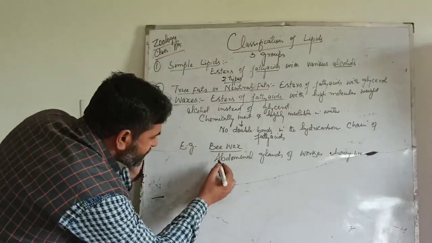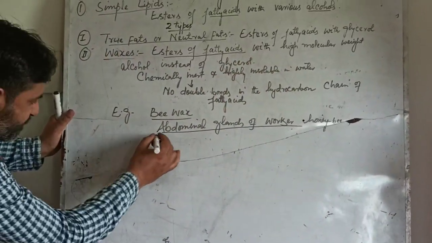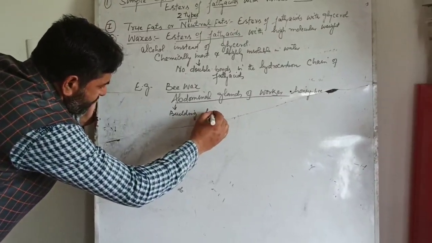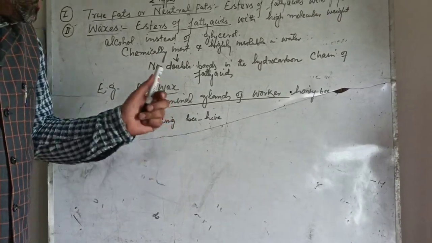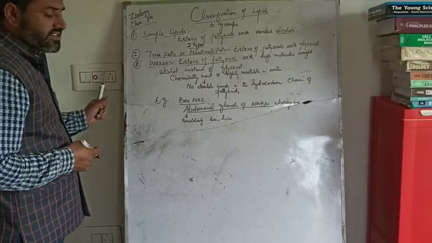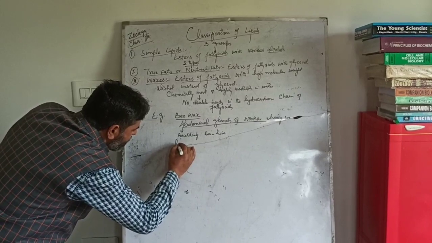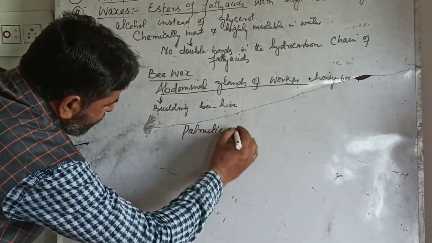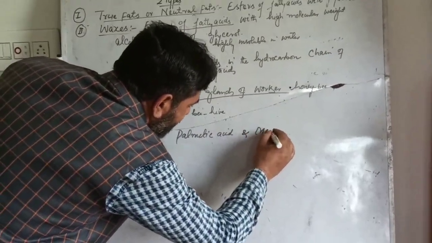So this beeswax produced by the abdominal glands of worker honeybees is used for building the beehive. The beehive is mainly composed of beeswax, and this beeswax is formed by the esterification of palmitic acid, a fatty acid, and myricyl alcohol.